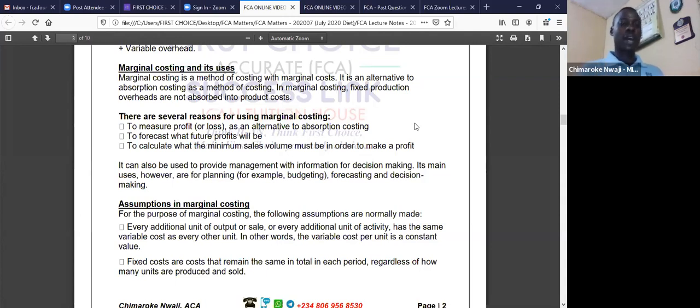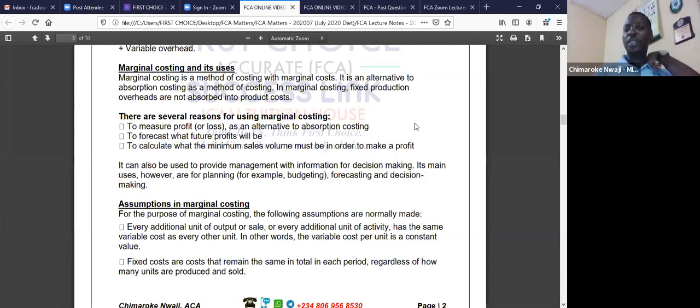Okay? Now, the second one is to forecast what future profits will be. Yes, because marginal costing does not have the fixed cost element, it is a very useful tool for making forecasts. Then we also use marginal costing to calculate the minimum sales that must be made in order to make a profit.